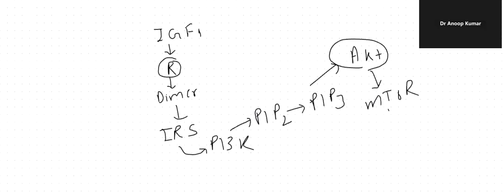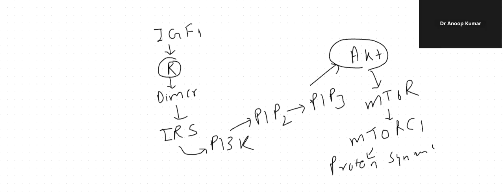This is going to make the complex mTORC1. There is a C2 as well, but C1 has a role in hypertrophy. So this C1 is going to do the protein synthesis, right? So it increases the protein synthesis to increase the size of the cell. This is the mechanism of your hypertrophy or hyperplasia, because protein synthesis is required for hyperplasia as well. But I will show you the difference in the mechanism of hypertrophy and hyperplasia as well. This is one mechanism. Got it?